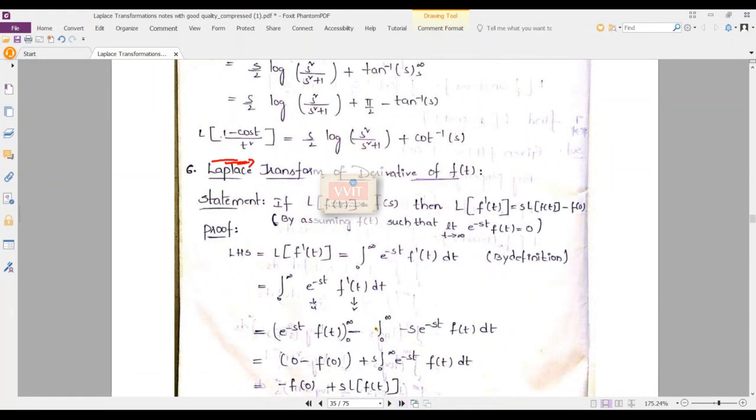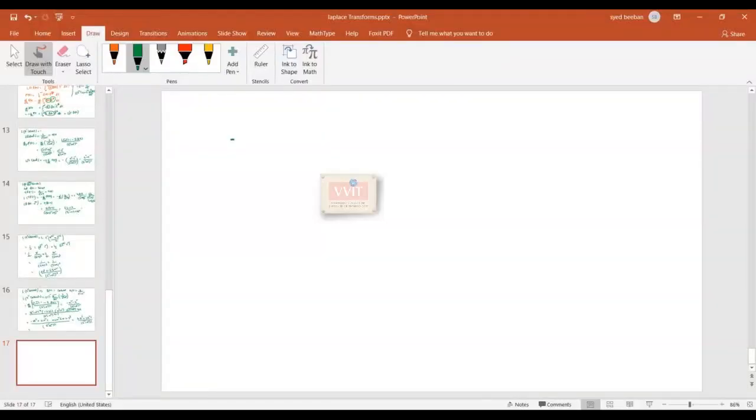Till here, I would like to conclude whatever we discussed. In this class, we have handled the change of scale property, which means if in f of t the variable t is multiplied with a, then its Laplace transform will be 1 by a f of s by a. Then multiplication with t we handled.